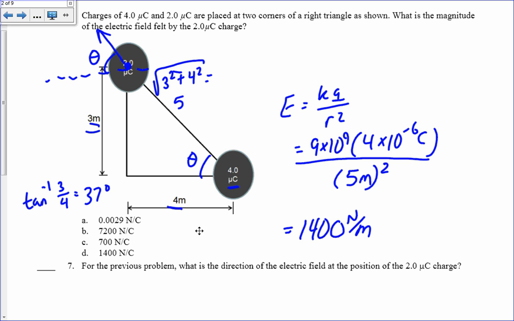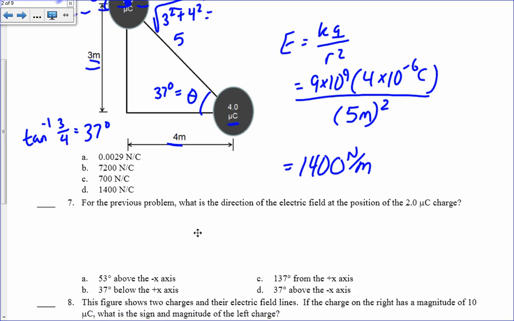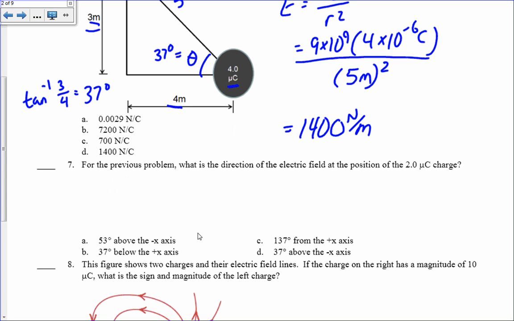So this angle is equal to 37 degrees. Means this angle is also equal to 37 degrees. Let's see what the options are. I have 37 degrees below the positive x-axis, but that's not true. It's not that. It's not that. It's this. 37 above the negative x-axis. So number 7 is D.